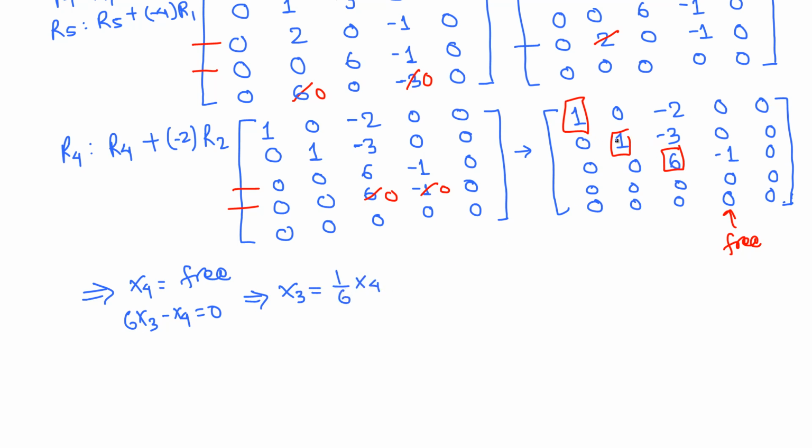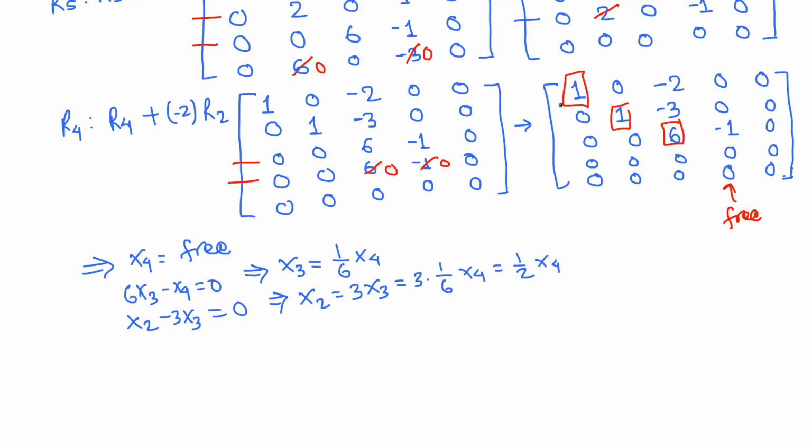From the second row, this is x2 minus 3x3 plus 0, that equals 0. So this implies x3 is 1/6 of x4, so x2 equals 3x3, 3 times 1/6 of x4, so that's 1/2 x4.